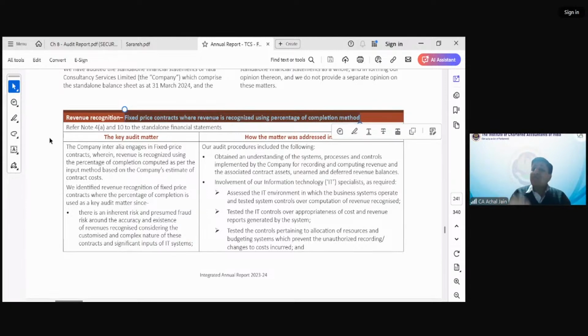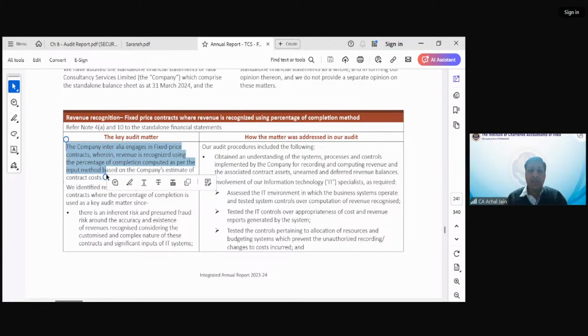That is what he found to be challenging. Okay, so let's read this. The company engages in fixed price contracts wherein revenue is recognized using the percentage of completion method as per the input method based on the company's estimate of contract costs.